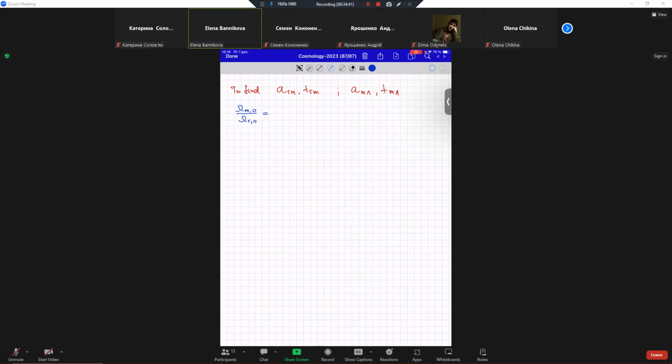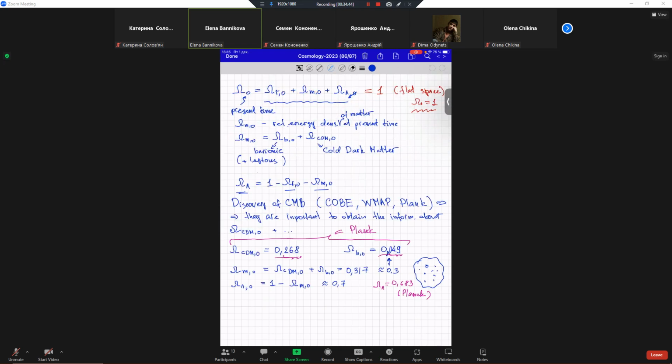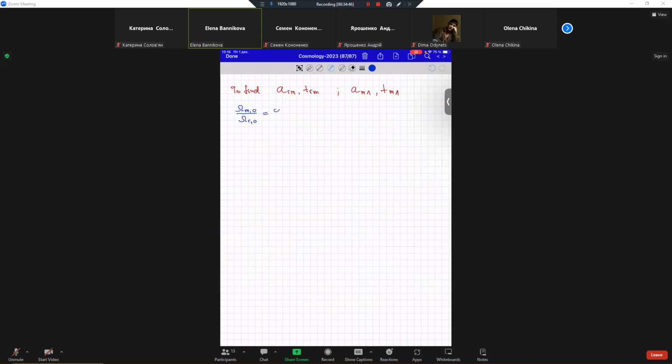So we found 0.3 divided by 8 times 10 to the minus 5, approximately. It will be approximately 3,000 or 3,600. I don't remember this precisely. I can quickly calculate it.